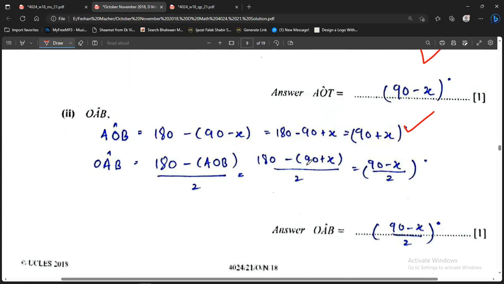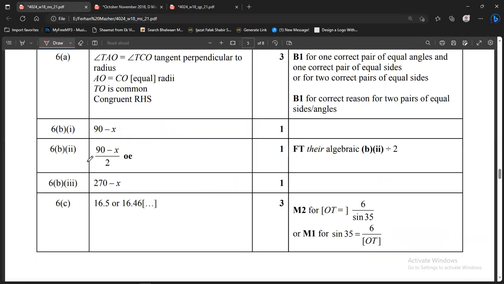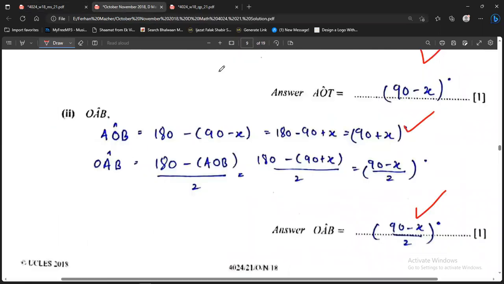So it is 180 minus 90 plus x, and when you will open this, its signs will change. So it will be 180 minus 90 minus x, and that will be 90 minus x, and the whole thing divided by 2. So it is 90 minus x divided by 2. Yeah, this is right.